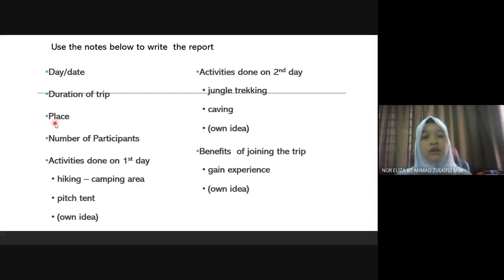How many more points do you have on this slide? Can somebody look at it carefully and count for me? I've got point number 1, point number 2, and point number 3. So can you tell me how many other points do you have that you must use in your report?